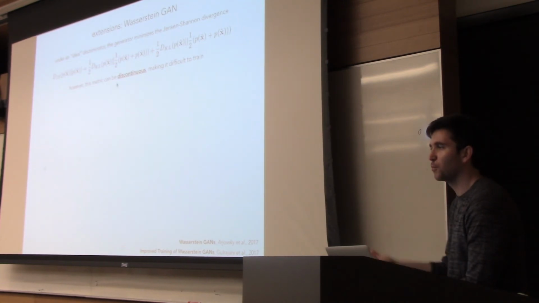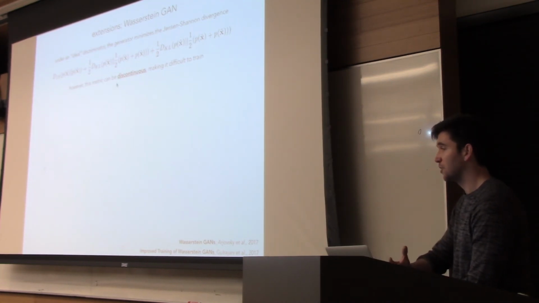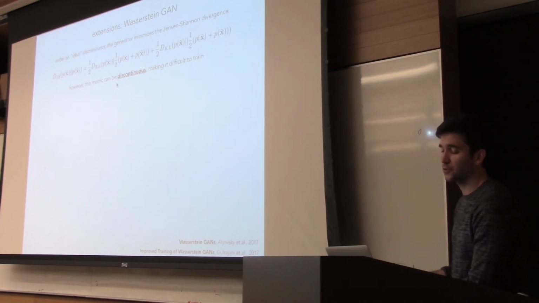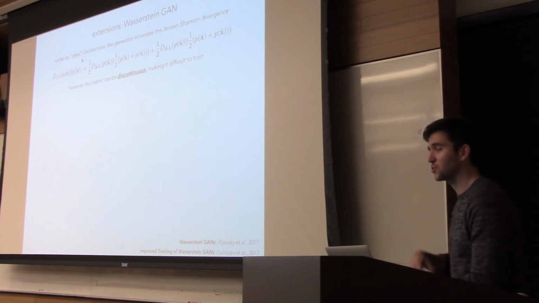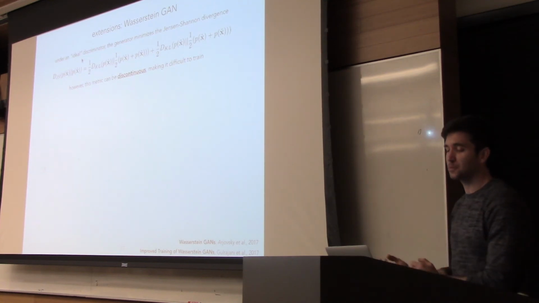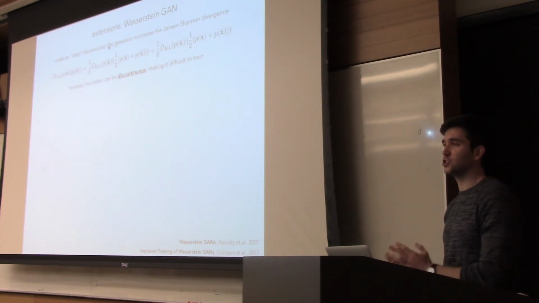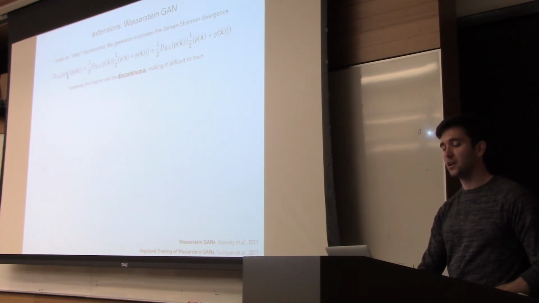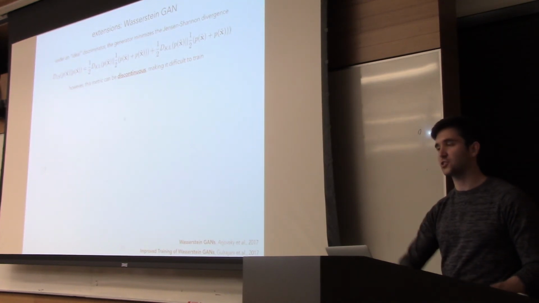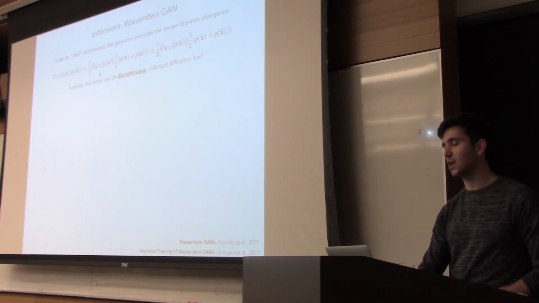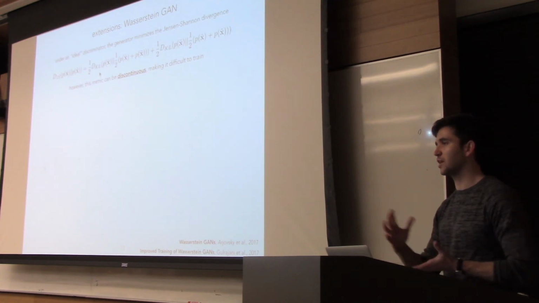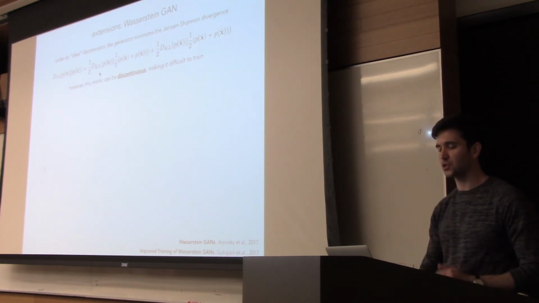For a regular GAN, you can show empirically or theoretically that for an ideal discriminator, so a discriminator that's performing optimally, the generator is actually trying to minimize this Jensen-Shannon divergence between the real distribution and the generated distribution. And that's just defined in terms of KL divergence. It's just a way of quantifying how far these distributions are away from each other.